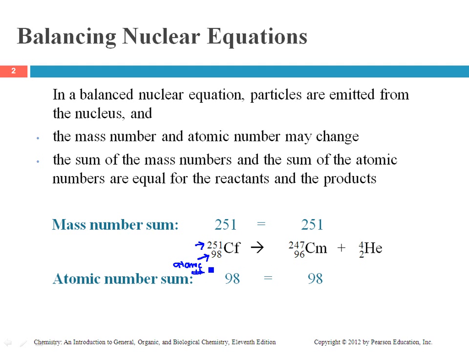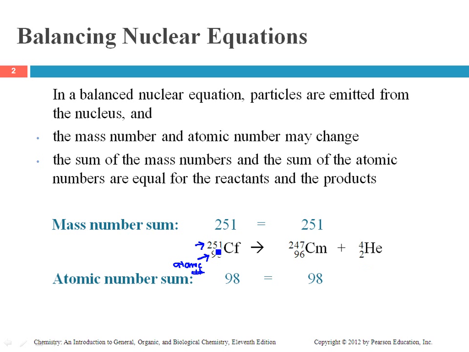The atomic number is the number on the periodic table that identifies an atom or an element, and it is the number of protons that are in the nucleus. So this is the identity of an element, and as we see, this can change from one side to the other. But what stays the same is the balancing of the mass number and the atomic number.